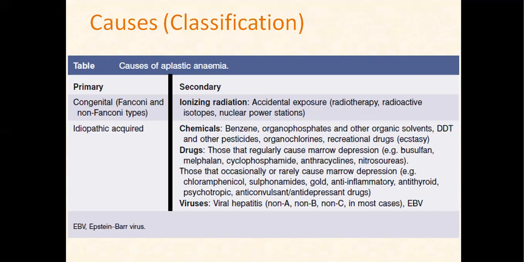Those that occasionally or rarely cause marrow depression include antibiotics like chloramphenicol, sulfonamide, gold used for arthritis or as an anti-inflammatory, antithyroid drugs, psychotropic drugs for psychiatric conditions, anticonvulsants, and antidepressant drugs used for epilepsy or convulsion.